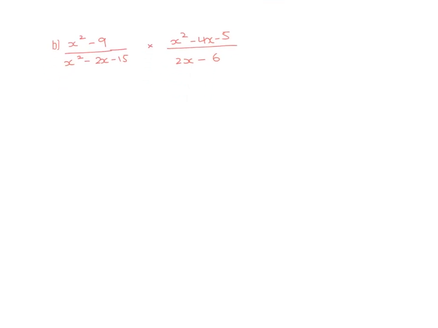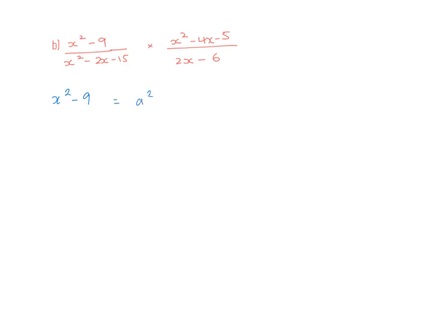Alright, over here we have a more complicated version, but we will apply the same process. So we'll have a look at each of the numerators and denominators separately and then use the factorised form to simplify this algebraic fraction. So let's deal with x squared minus 9. So this is a difference of two squares form. This is what we had a look at in part 2.